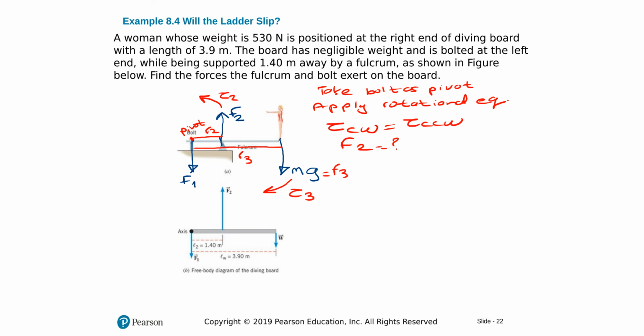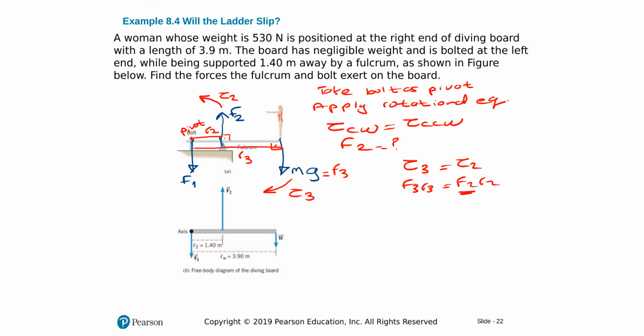So you will say these are also perpendicular, similar to the man lifting the weight. Very similar question. And you will say then torque 3 is equal to torque 2. So F3 R3 is equal to F2 R2, and solve for F2, putting in all the other values.